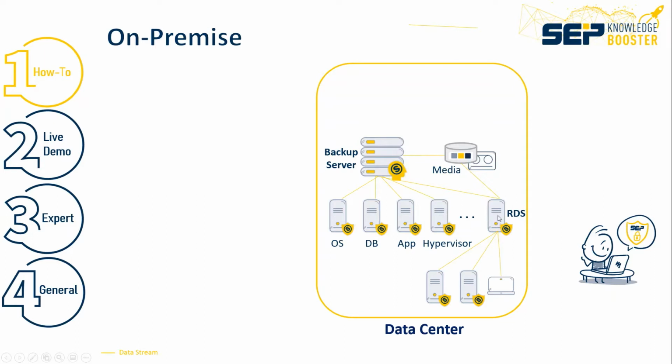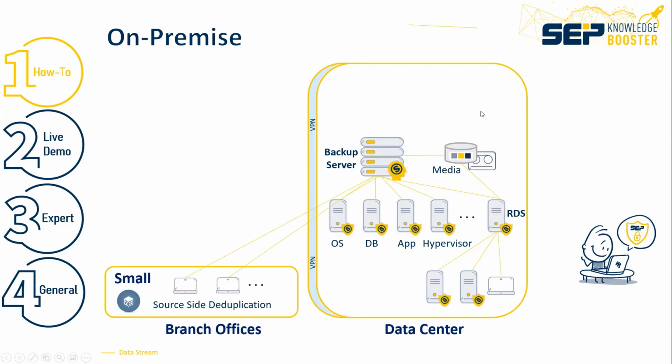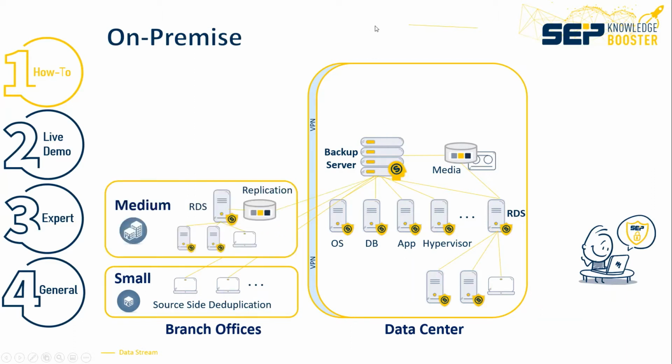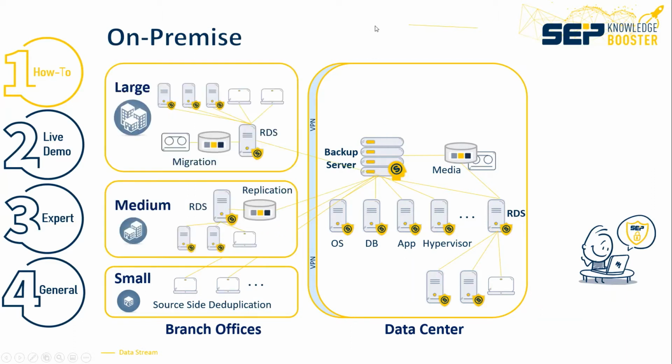And you have the remote device servers collecting data from the clients and writing it to any kind of shared or separate media. We have branch offices replicating data with source side deduplication to the data center, or keeping everything in the branch office.